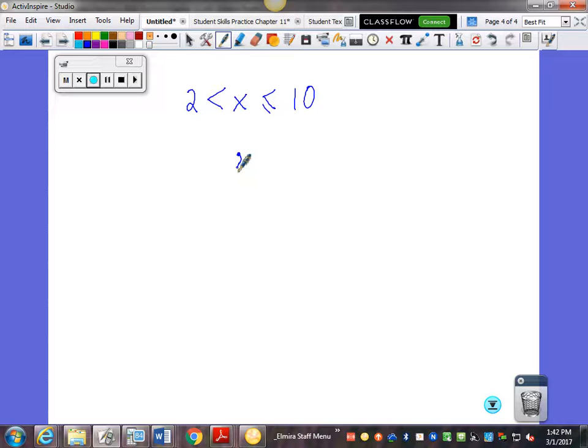Then the smaller number goes on the left, the larger number goes on the right, and then brackets. If there's no equal, or it doesn't say the word equal, or you know logically it can't be equal, you put a round bracket. If it has an equal bar, you read the word equal, or you know logically it can be equal, you put a square bracket.